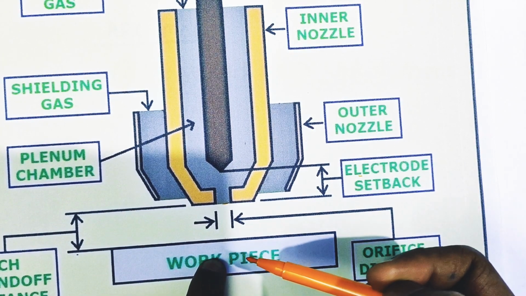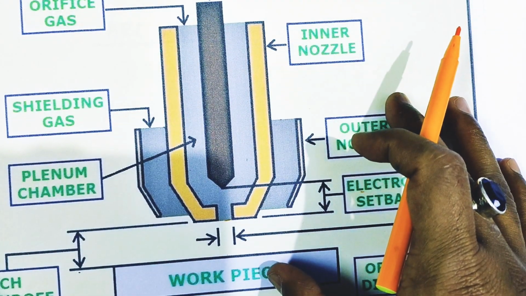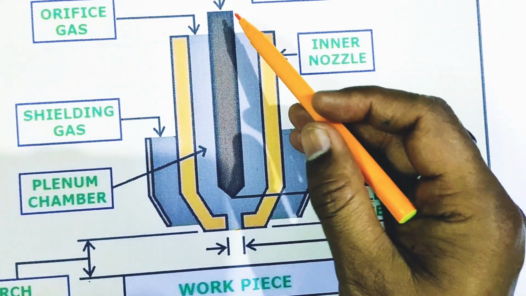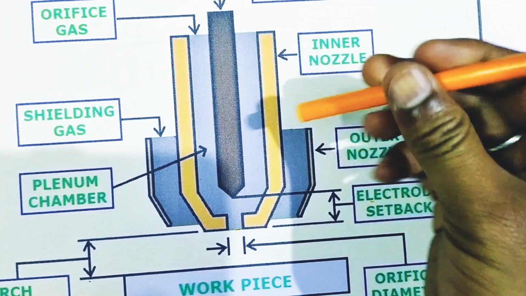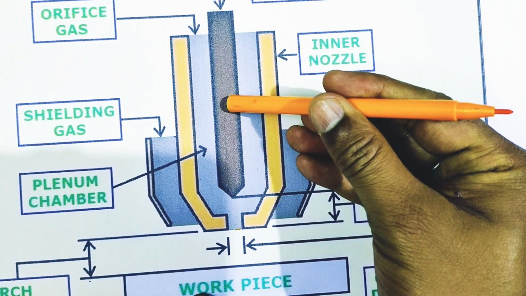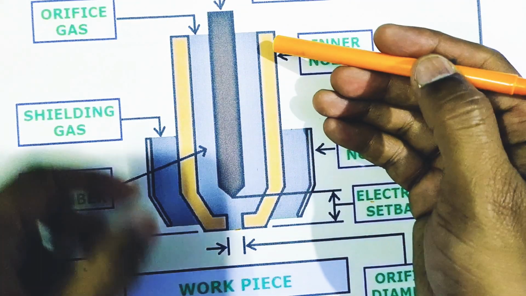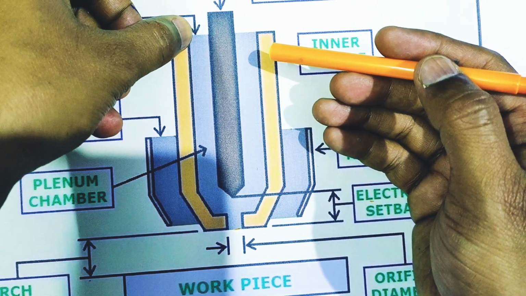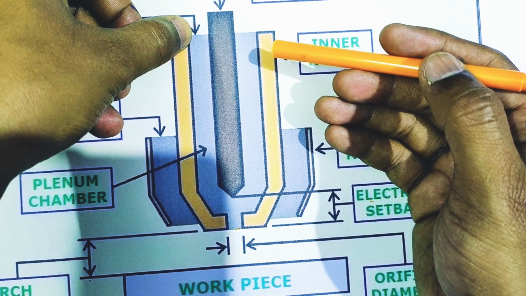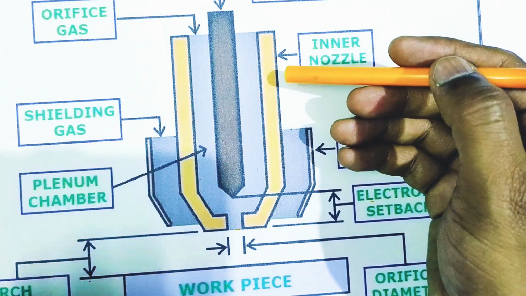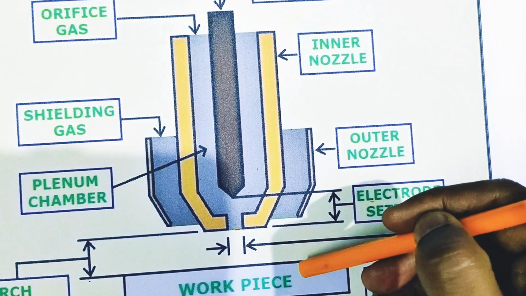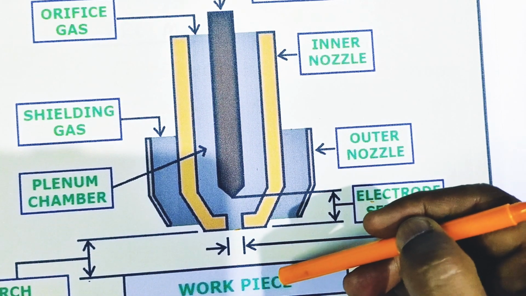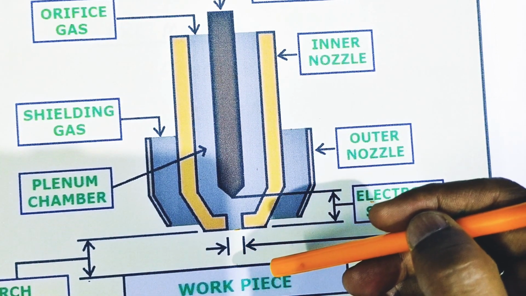Whereas in non-transferred arc mode, one terminal as usual is connected with the electrode, but the other terminal, instead of connecting with the workpiece, is connected with the nozzle. Hence, the workpiece doesn't become a part of the electric circuit. So this is the difference between the arc modes.